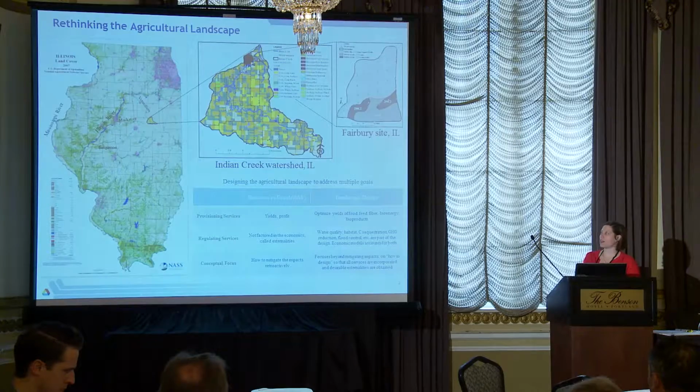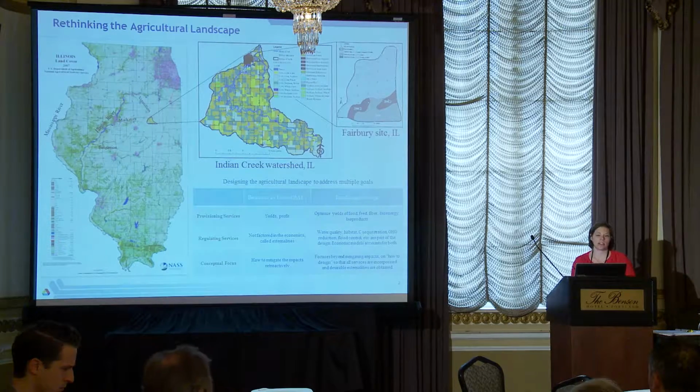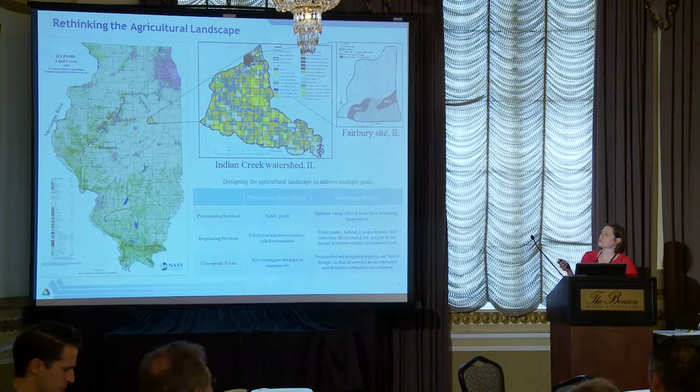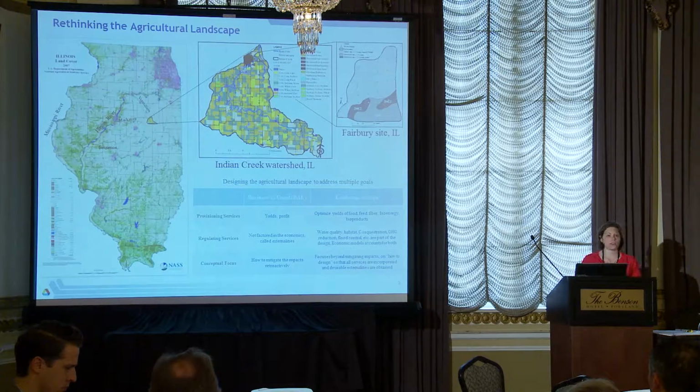And then we can scale this up to the watershed level. So this is the Indian Creek. It's about 87% to 90% land cover ag. And this feeds into the Vermilion River watershed, which is predominantly nitrate impaired, which then eventually feeds into the Illinois River, into the Mississippi, and into the Gulf.